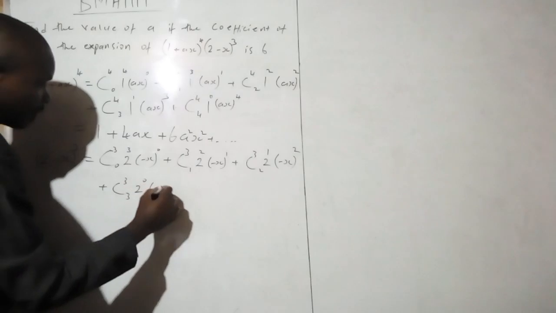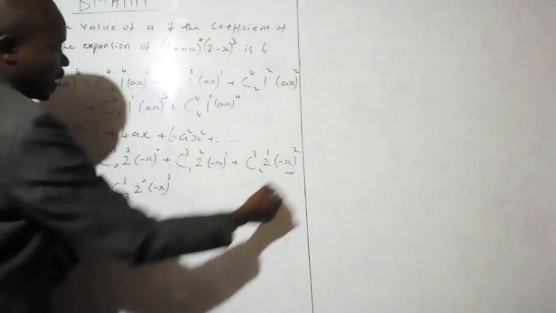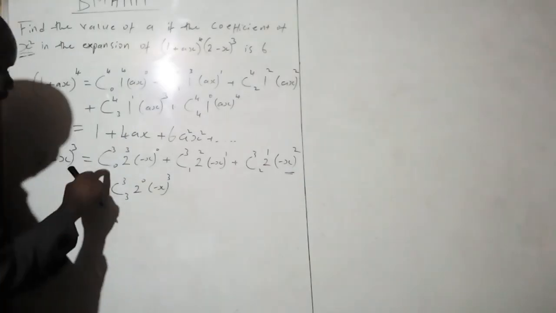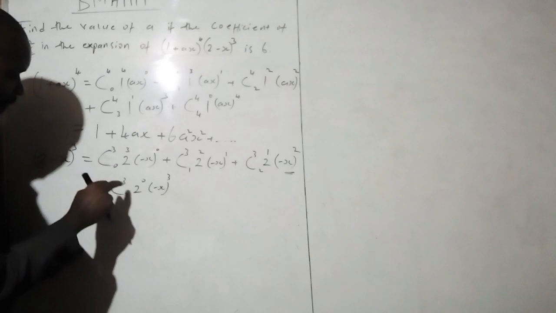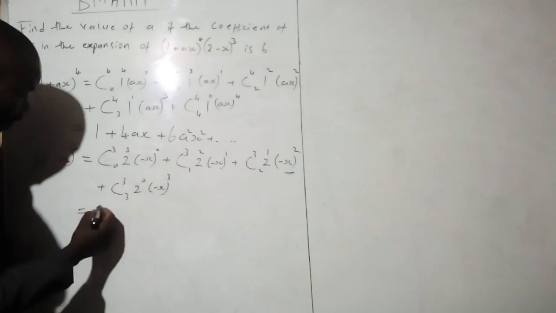So 3C0 is 1, then 2 cubed is 8, and (-x) to the power 0 is 1. The whole of this will be 8.